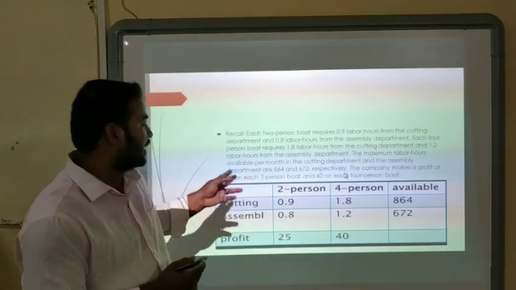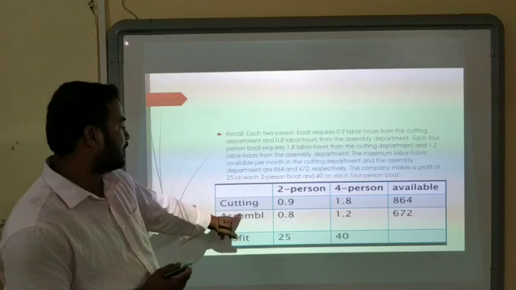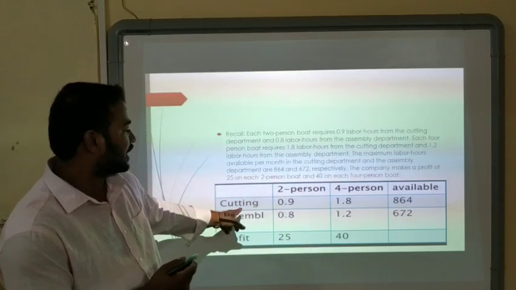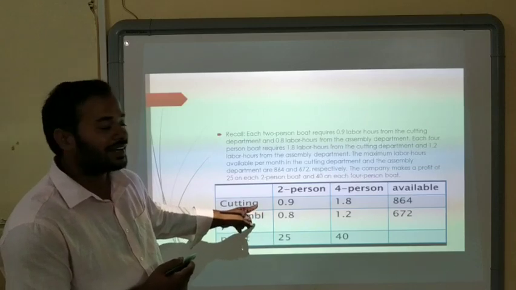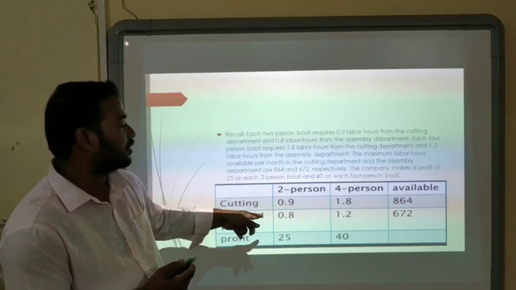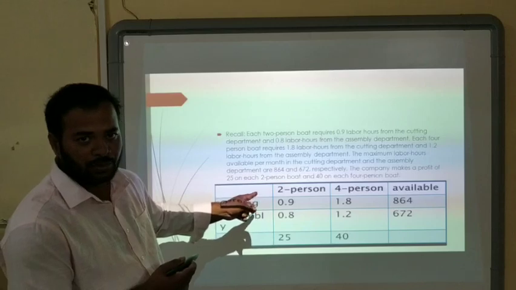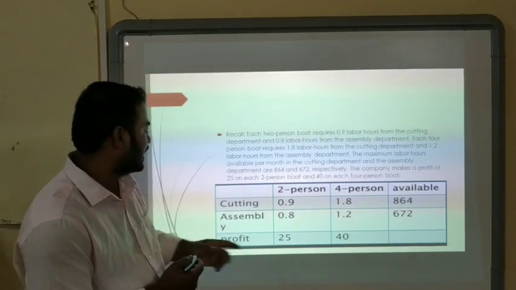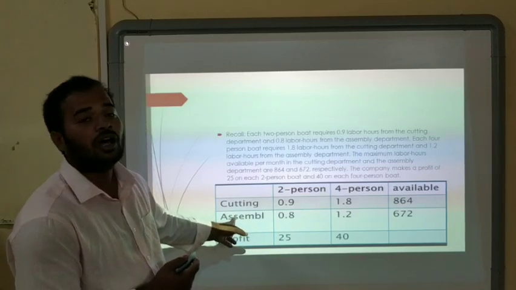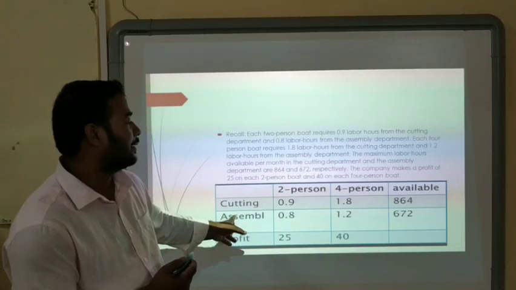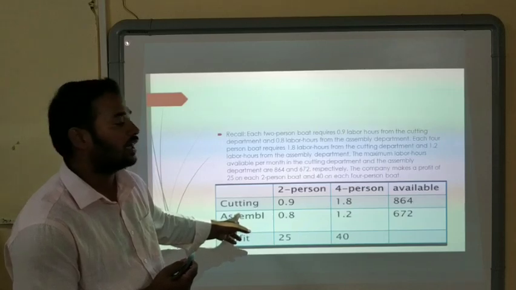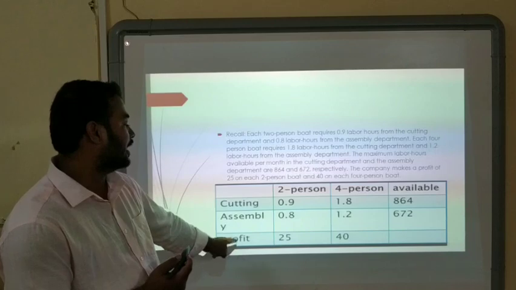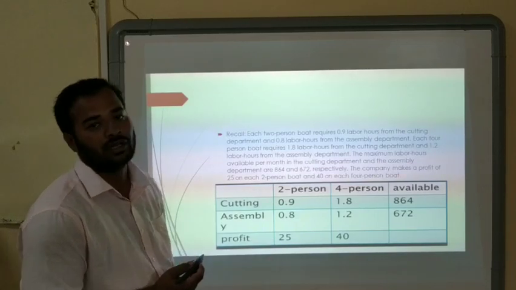In the table, for the 2-person and 4-person boards: cutting a 2-person board requires 0.9 hours, and a 4-person board requires 1.8 hours, and the total available hours per month is 864. For assembly, a 2-person board requires 0.8 hours and a 4-person board requires 1.2 hours, and the total available hours per month is 672. And the profit is 25 and 40.